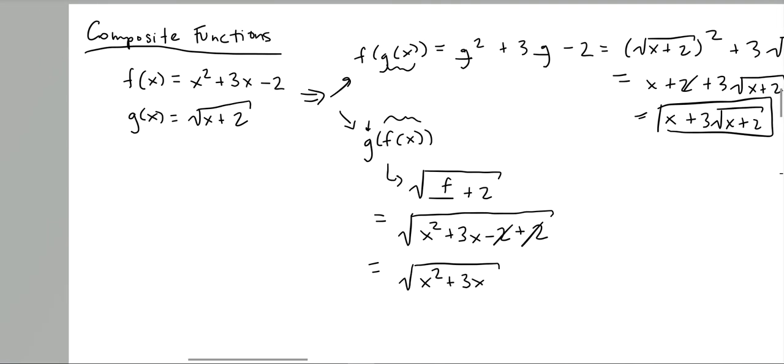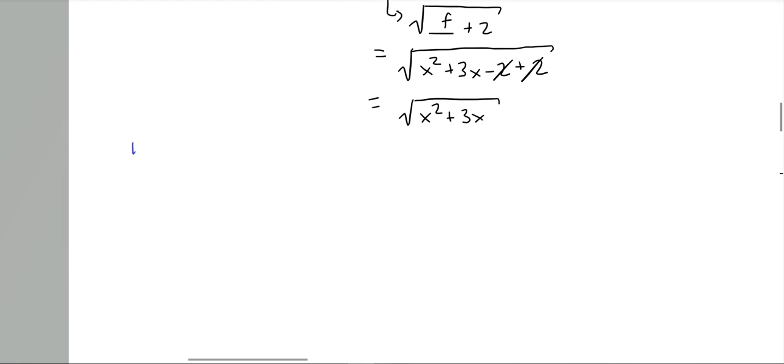Let's say we have a function h of x that we'll call 2x plus 7, and another function s of x that we call 1 over 2 square roots of x plus 2. We want to find out what h of s of x is.